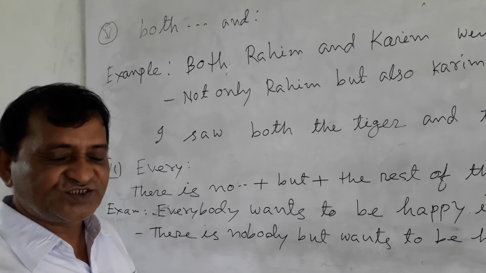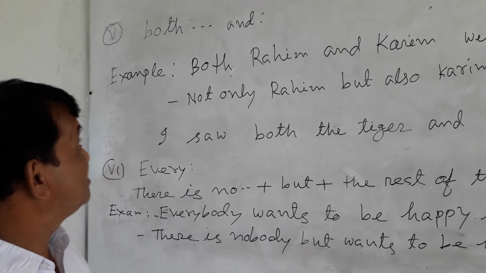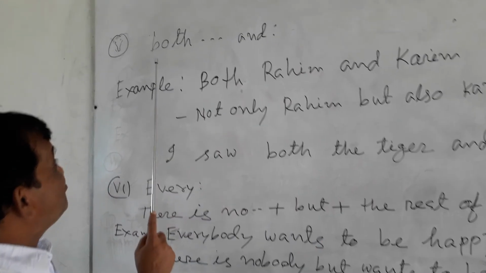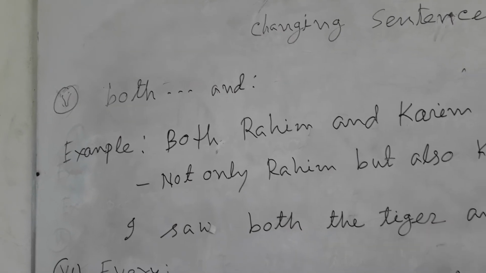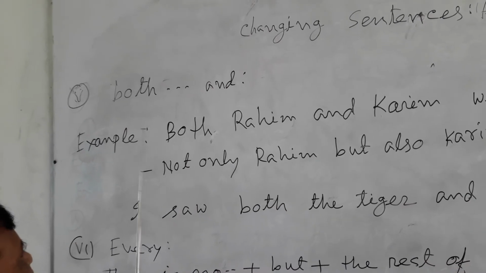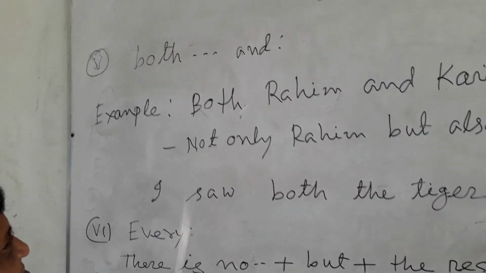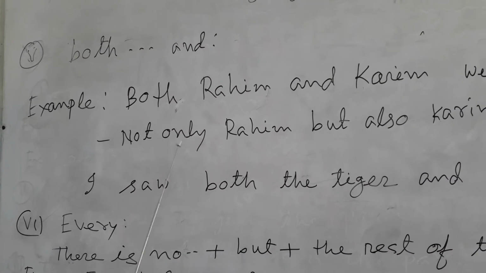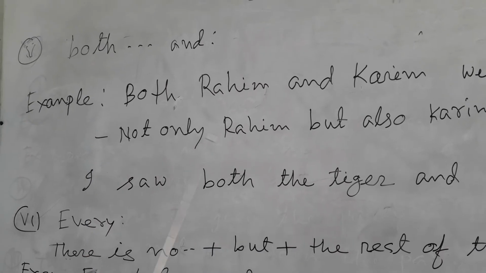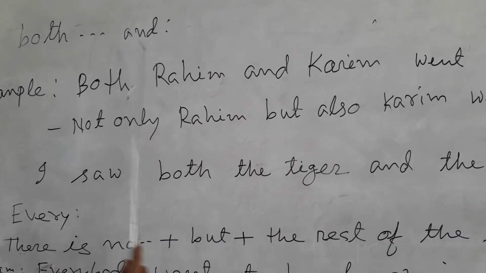Now we discuss another item. The item is the use of both and. If both and is in a sentence, we use not only in place of both and but also in place of and.